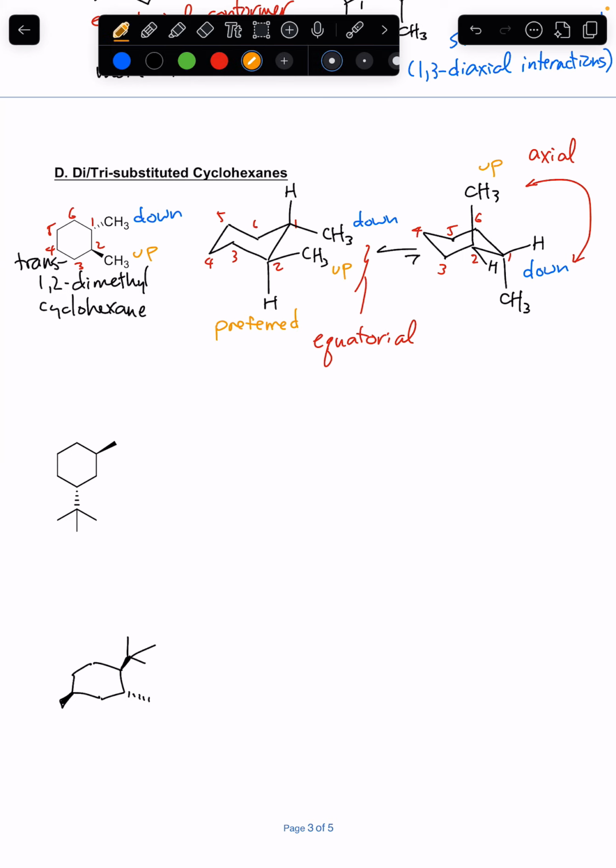Now, an interesting thing happens if you think about this cis-1,2-dimethylcyclohexane. In this case, the two conformations will look like this.